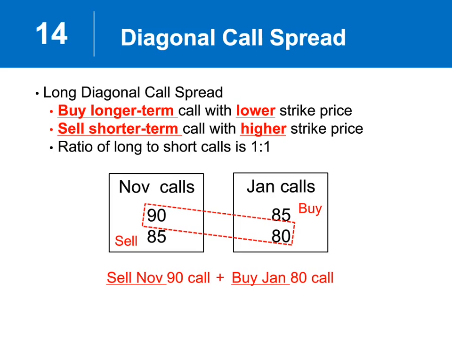The example here is we are buying the January 2015 $80 call and selling the November 2014 $90 call option. It's a $10 diagonal call spread. And of course, since we are buying the more valuable leg, we're buying the deeper in the money or closer to the money call option. This is going to be done for a debit.